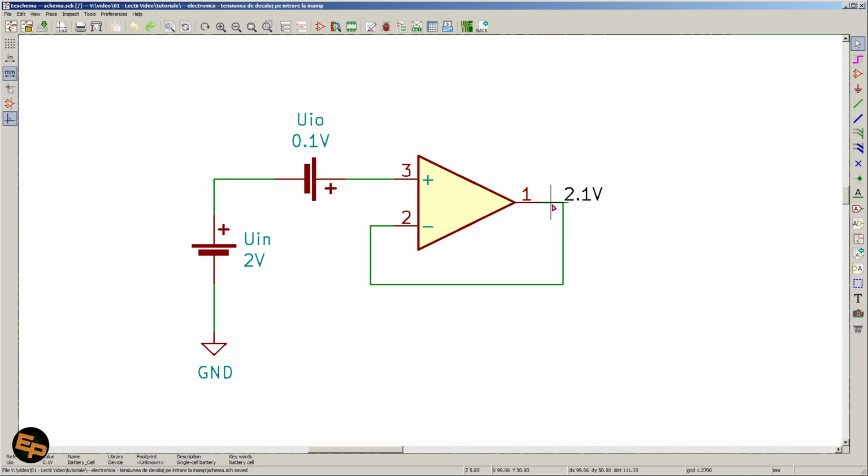Now, this is the general overview of what the input offset voltage is, and yes, it's an input offset voltage, meaning it's an offset voltage that manifests itself at the input, not at the output.